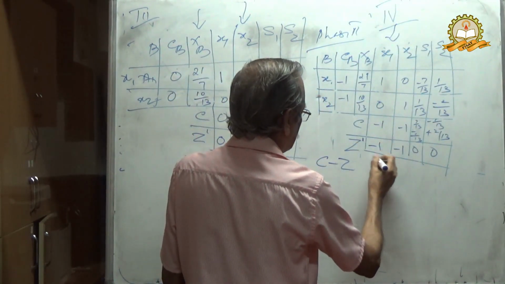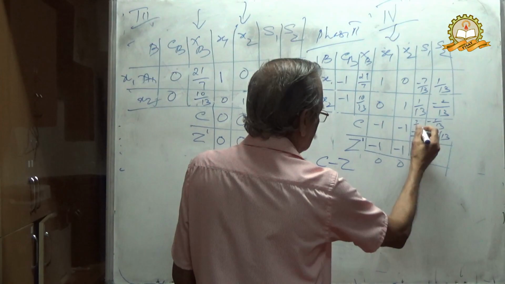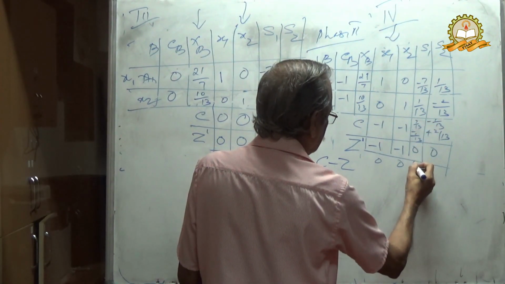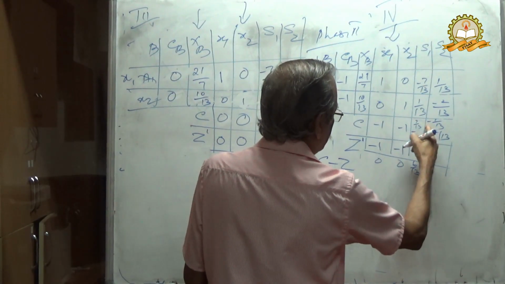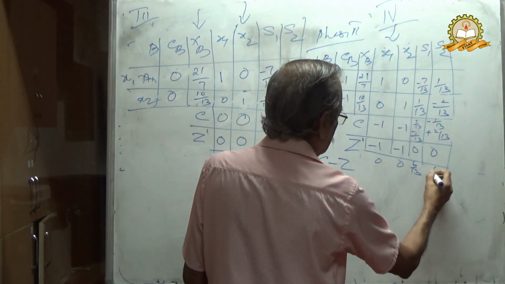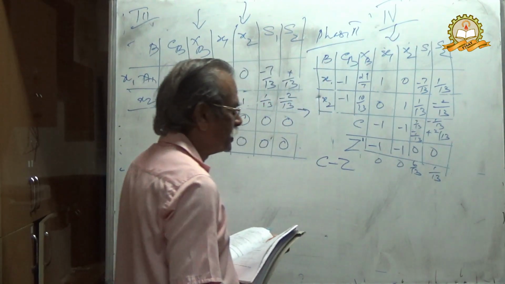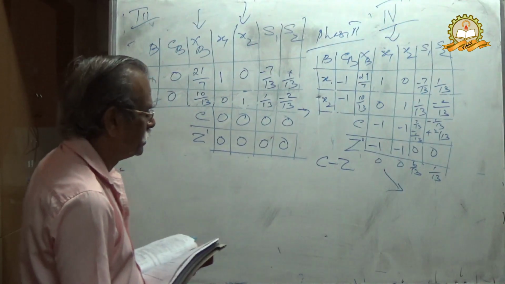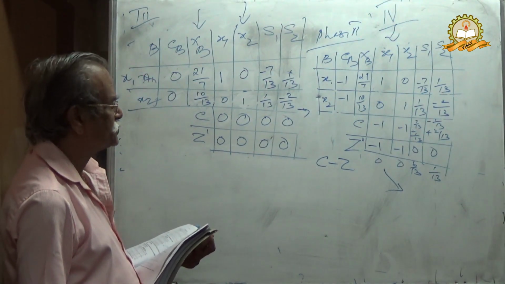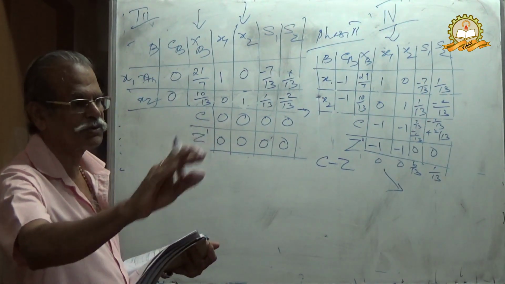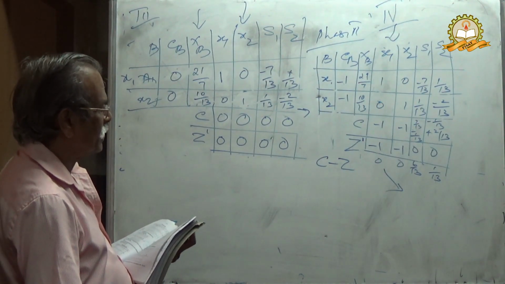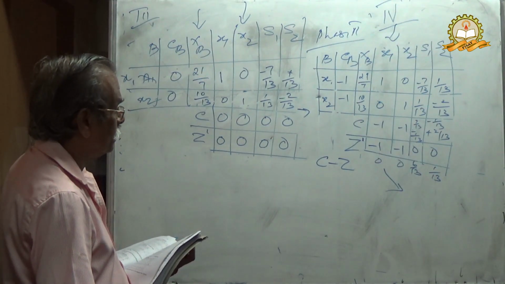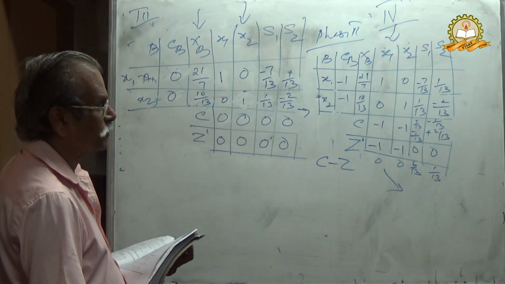Therefore, this is 0. You can write 7 by 13 minus 1 by 13 equal to 6 by 13. Here 1 by 13 plus 2 by 13 equal to 1 by 13. Here we observe the last row C minus Z is all positive. Therefore, our solution is optimum.